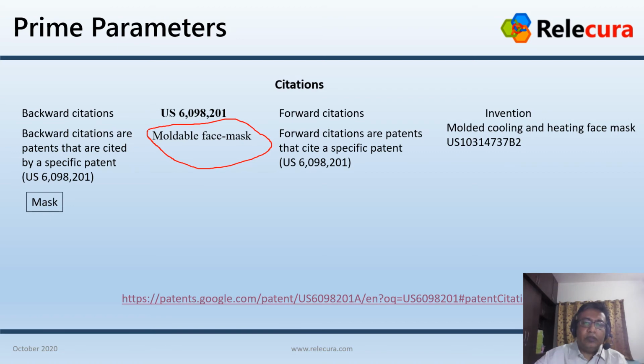So this is about the citation of patents. Backward citations will be talking about your prior art or the problems, and the forward citation will be talking about your solutions or anything that would be added to what is already there.